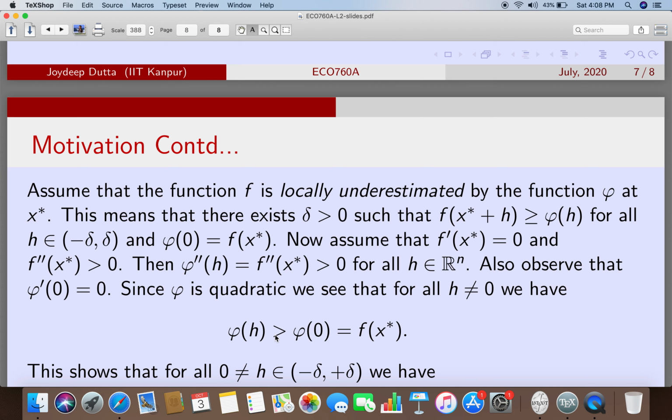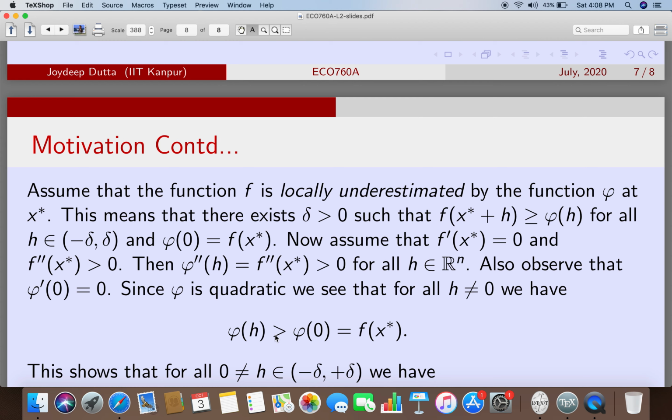In that small neighborhood, just for the sake of assumption, assume that the function phi is so nice that f of x star plus h is greater than phi of h. In that small neighborhood, the functional values of f are bigger than phi of h.